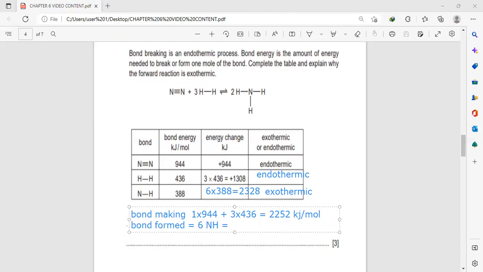Now energy difference equals bond making 2252 minus 2328. Answer will come minus 76.